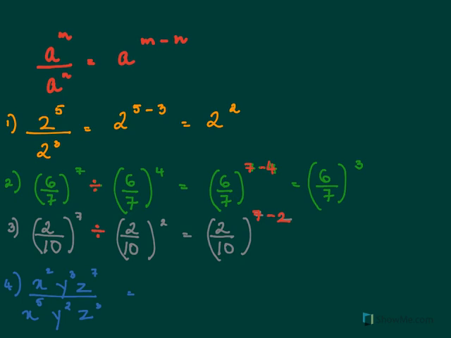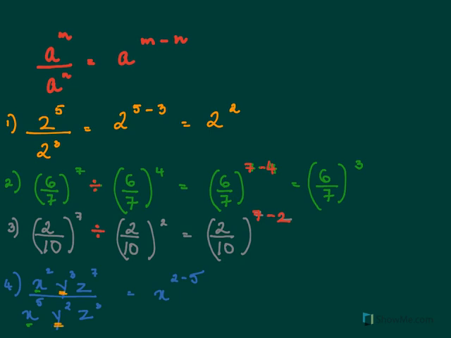Now here we have x raised to 2, y raised to 3, z raised to 7 over x raised to 5, y raised to 2, z cube. Here again we have 3 different terms. One is the x term, so we'll put the x term together, and that would be x raised to 2 minus 5. Now we go on to the y term.